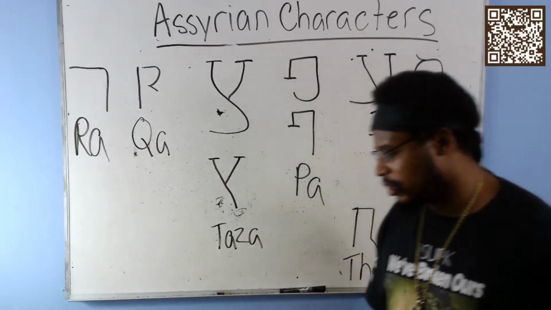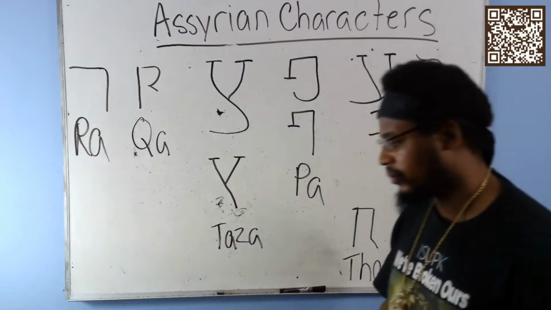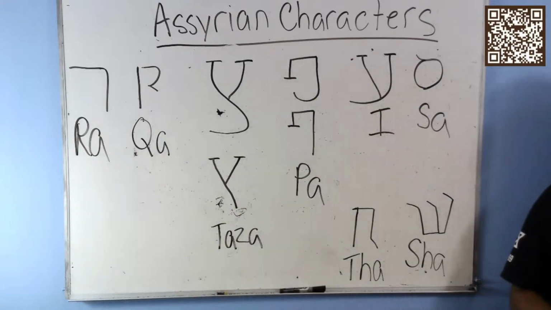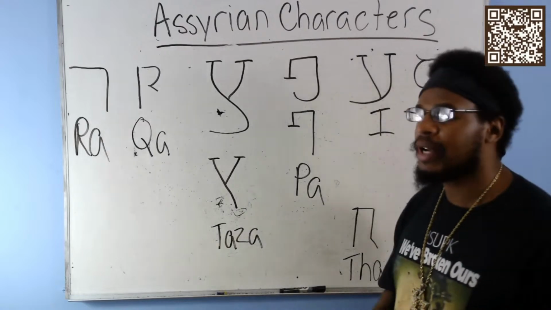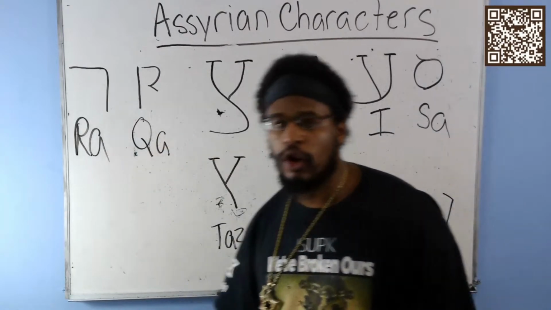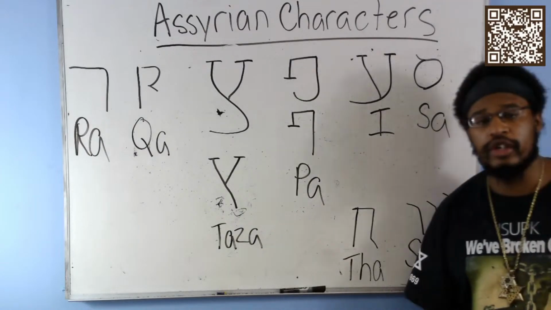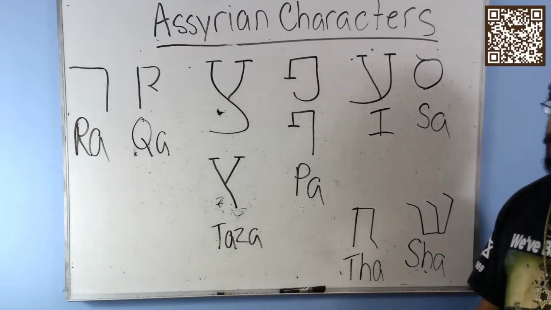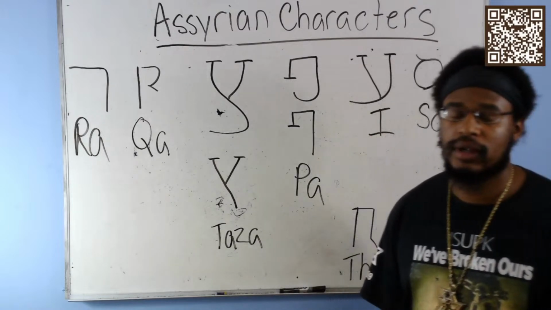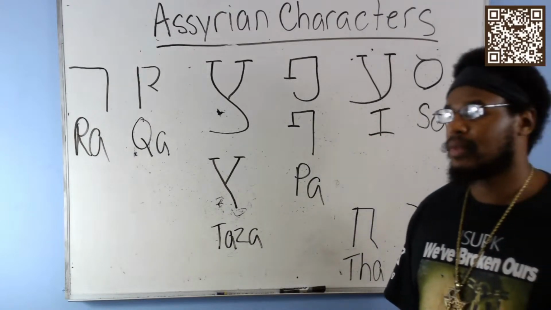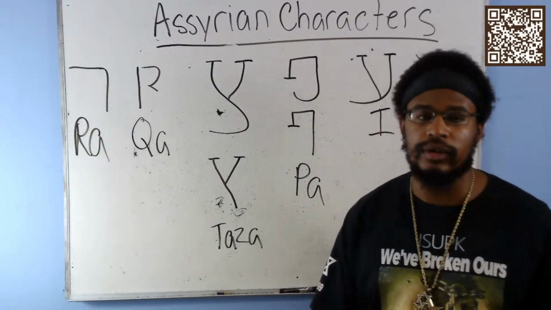And then we're gonna get into the beginning characters and what they mean. We just went over all 22 characters in the ancient and in the Assyrian. Some characters have a meaning when they're at the beginning of a word.